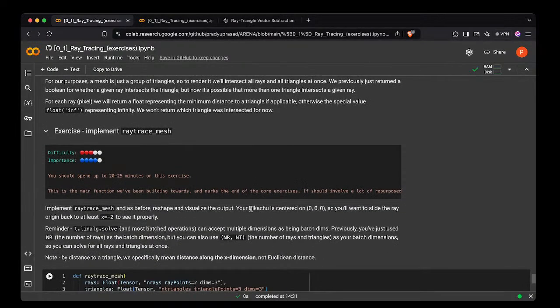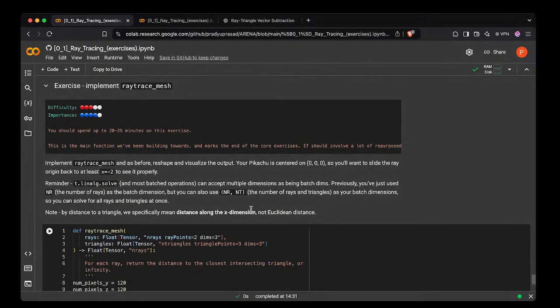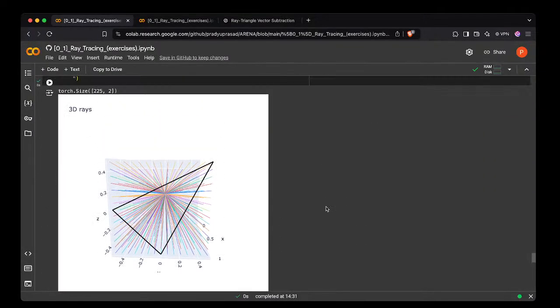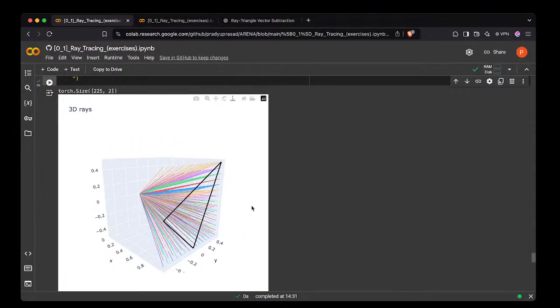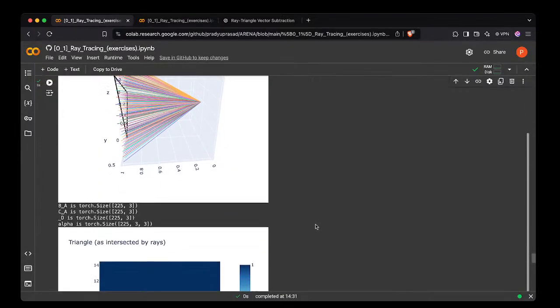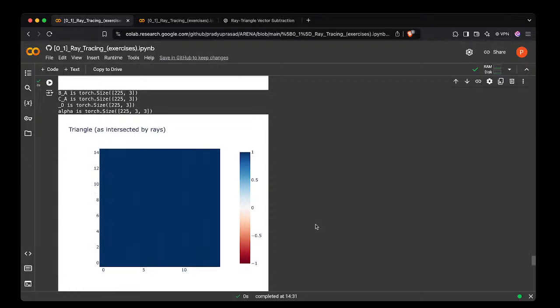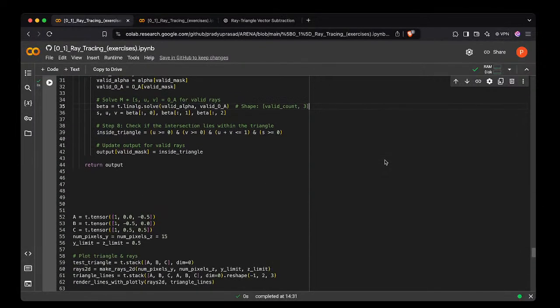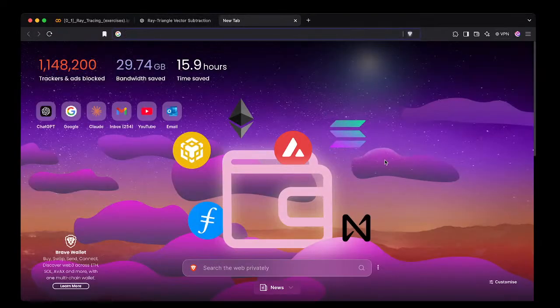I don't want to do this. We have some bug in this, right? There's some bug because we know these things render correctly. The triangle also renders correctly, but this thing is supposed to give me some sort of nice result where it's intersected by the rays, but it's not working. So I want to see the solutions. We want to see what they have done.